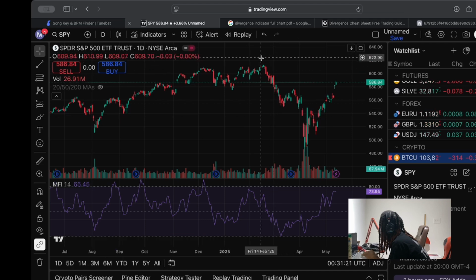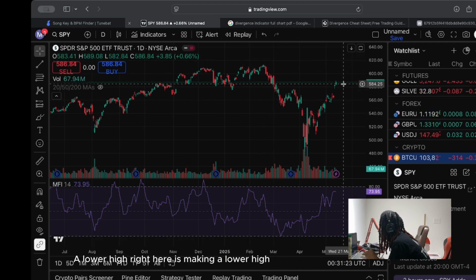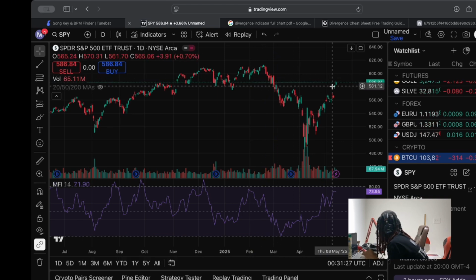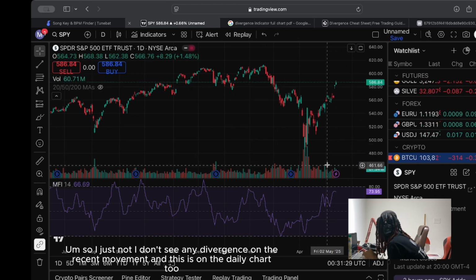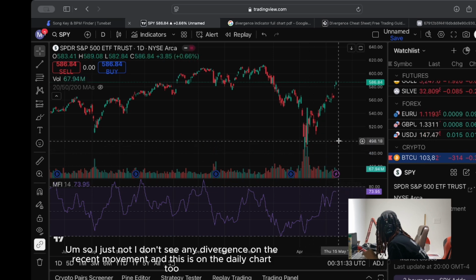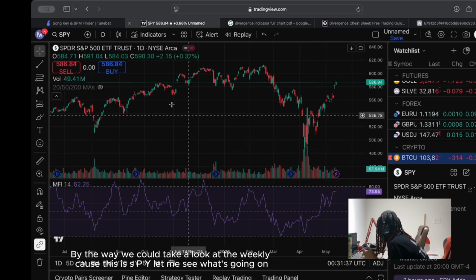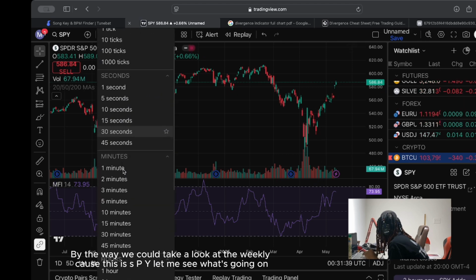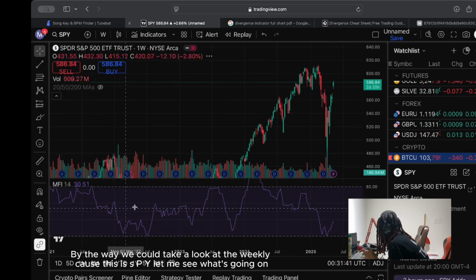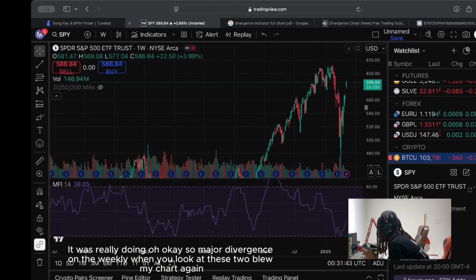And it made a lower high right here. We're seeing it. I don't see any divergence on the recent movement, and this is on the daily chart, by the way. We could take a look at the weekly, because this is SPY, so we see what it's really doing.